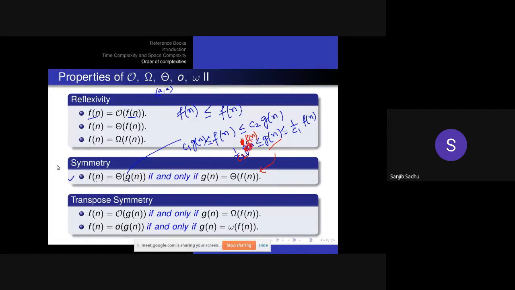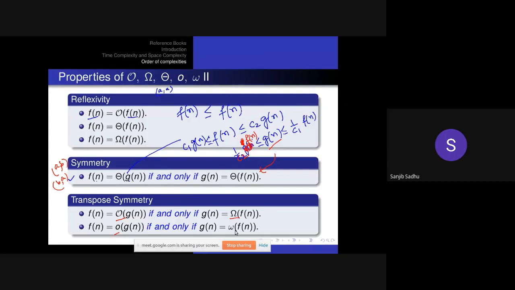Rule of symmetry means a relation is said to be symmetric if AB is present, then BA should be present, like that. If fn, here gn, so here gn and fn. Rule of transpose. So you see fn is big O of gn if and only if gn is big omega of fn, which means big O and big omega form the transpose.